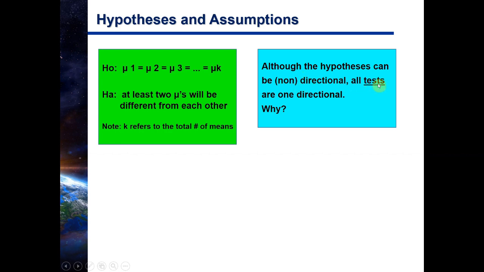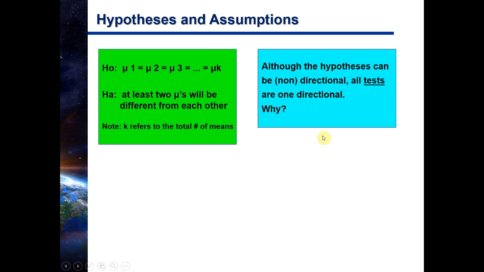However, that's not true with the tests themselves. All of the tests in the ANOVA category are one-directional. In other words, one-tailed tests. I'm going to repeat that because it is really important. So when we do ANOVAs, all the tests are going to be one-tailed, directional tests, but they can have non-directional hypotheses if you want.